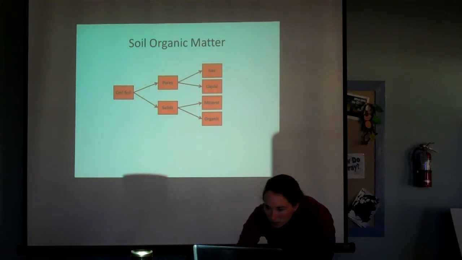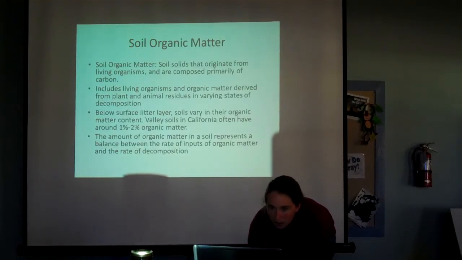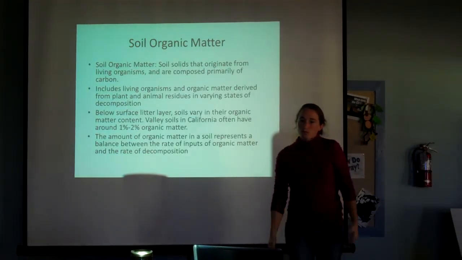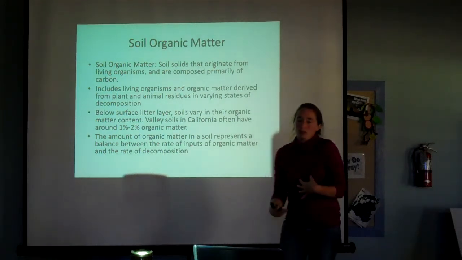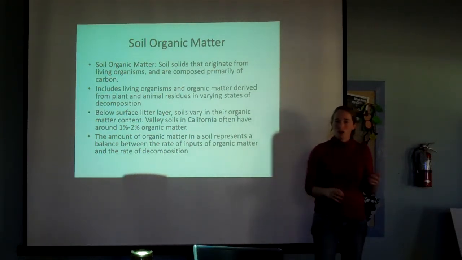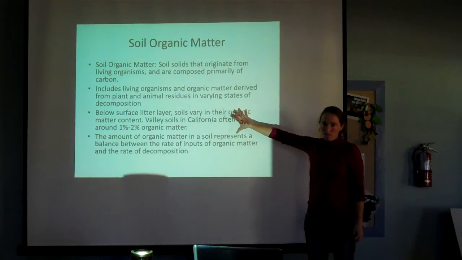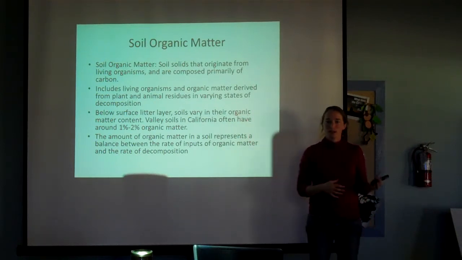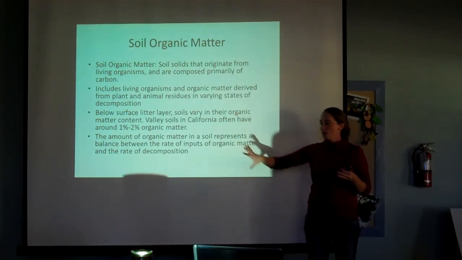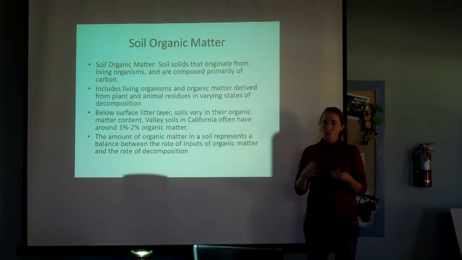So now we're going to talk about soil organic matter. Soil organic matter are the solids in soil that originate from living organisms, as opposed to the ones we were just talking about, the clays that originated from the parent material or formed in soil.